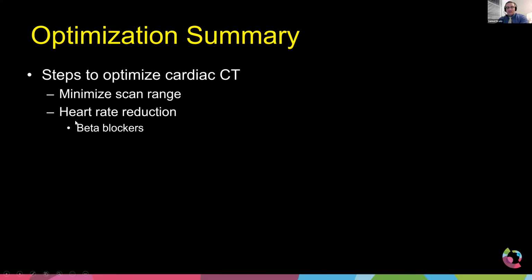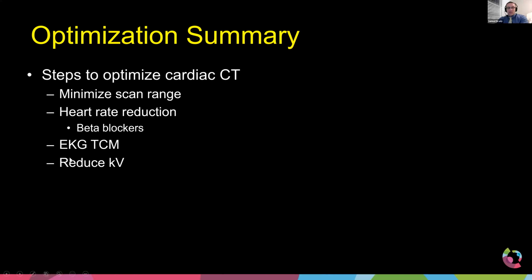If you can't do it because your scanner isn't quite fast enough, we've talked about the newer scanners, the dual source or the single spin with the wide beam width. Those systems, you do kind of need to use, your patient population probably uses a lot more beta blockers. The best way to get the best dose optimization possible is using the EKG current modulation.